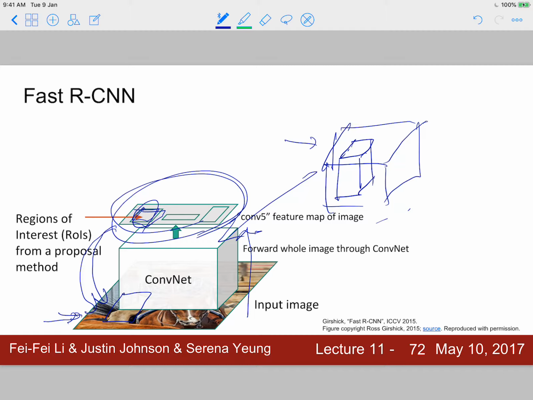In this way, we avoid the repetitive computation of having to give these separate regions into the CNN. The main idea is that if two ROI regions were computed in this form, they certainly have an overlap, right?